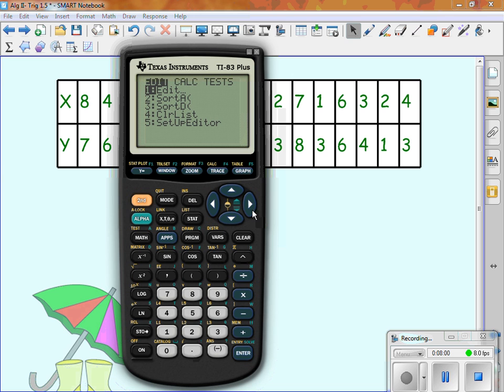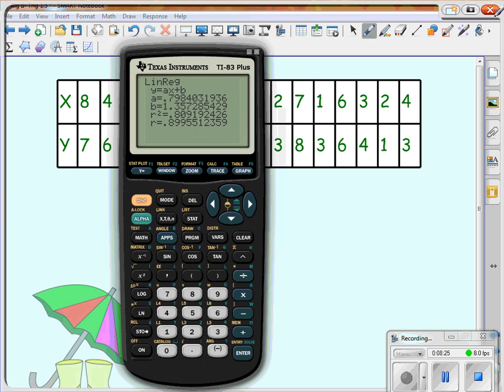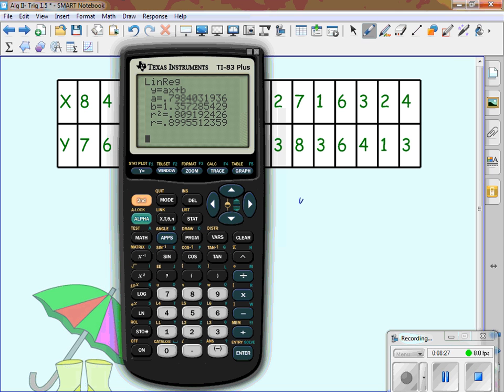Go back to your stat. Go back to your calc. Linear regression again. Now press enter. You should have an A, a B, an R squared, and an R. The equation that best represents that data is y equals 0.8x plus 1.4.